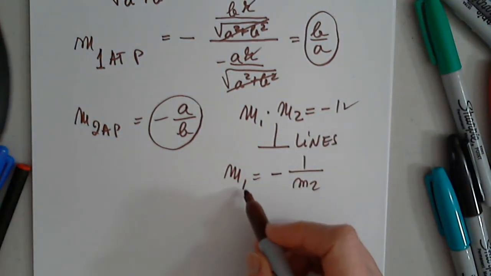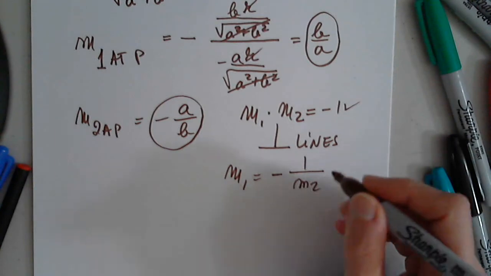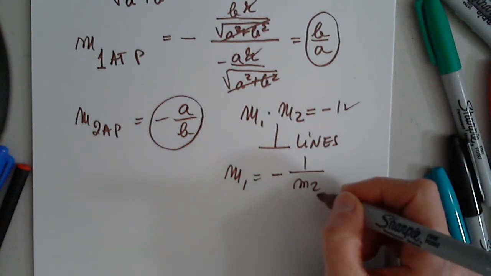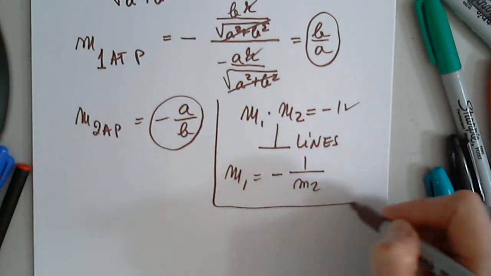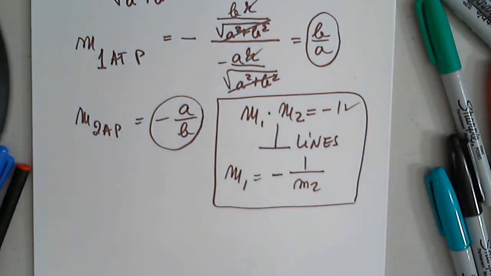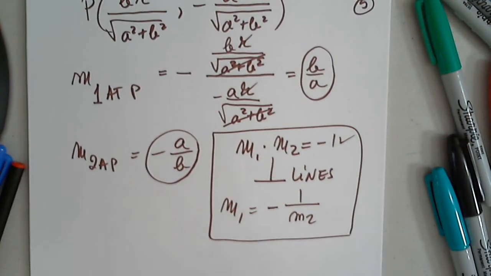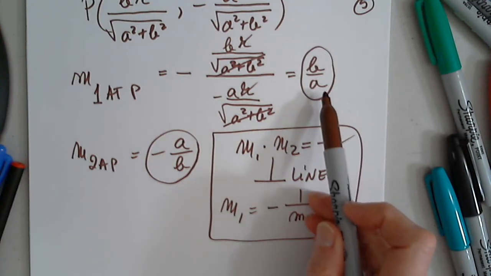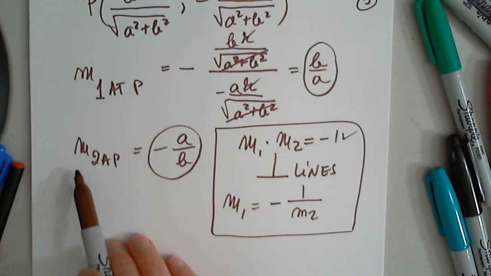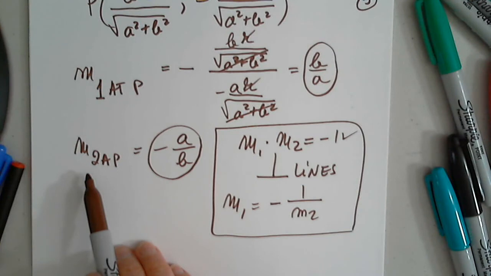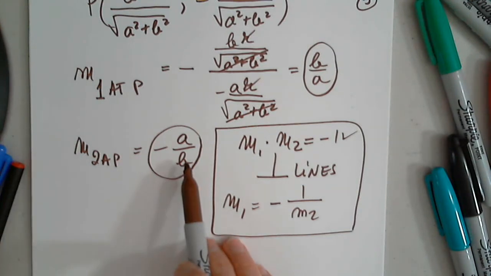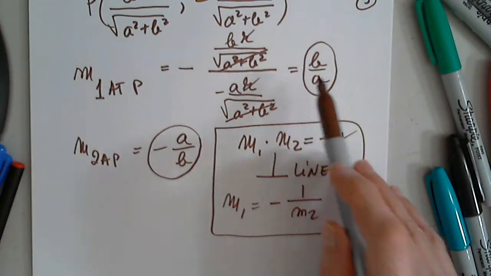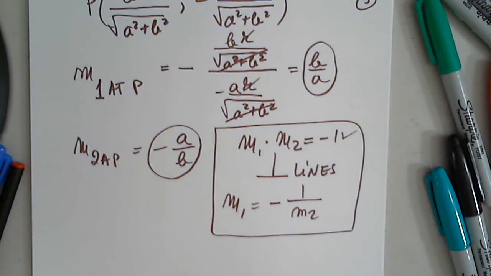It's the same thing. So we show that the slope at P of one tangent line is B over A. The slope at P of the second tangent is negative A over B. If you multiply these two, you will get negative 1.